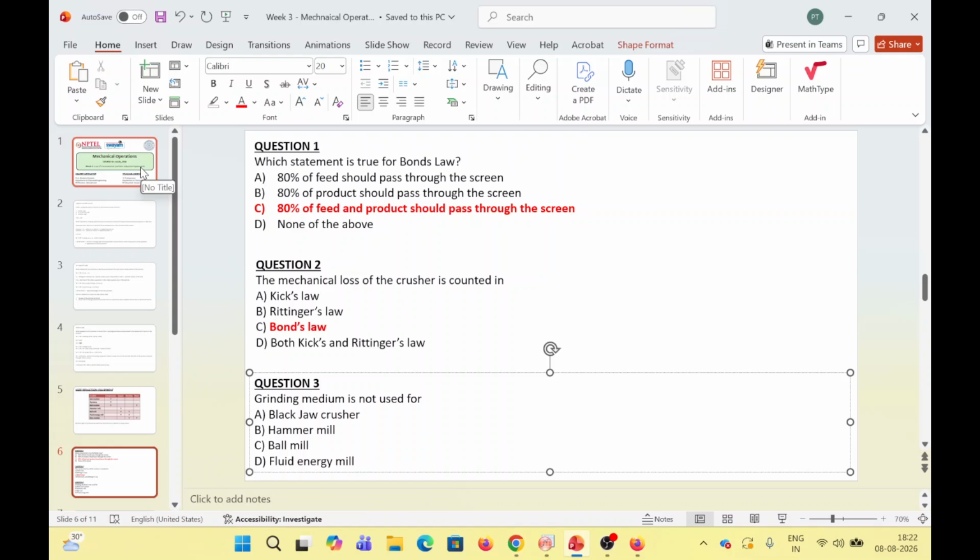There we said that the steel balls are used as a grinding medium. Likewise, for other mills and crushers, grinding medium is not required. So which of the following equipments does not require a grinding medium? That is the question. Is it going to be a Blake jaw crusher, a hammer mill, a ball mill, or a fluid energy mill?